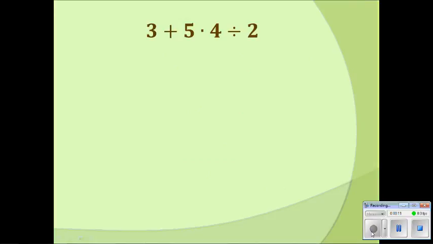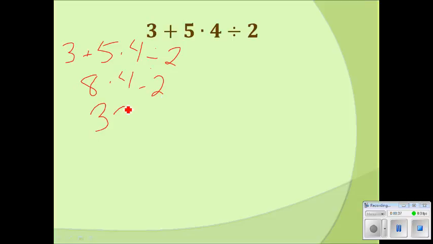If I solve this problem from left to right, 3 plus 5 times 4 divided by 2, well, 3 plus 5 is 8. Copy the rest down. 8 times 4 is 32. And 32 divided by 2 gives me 16.